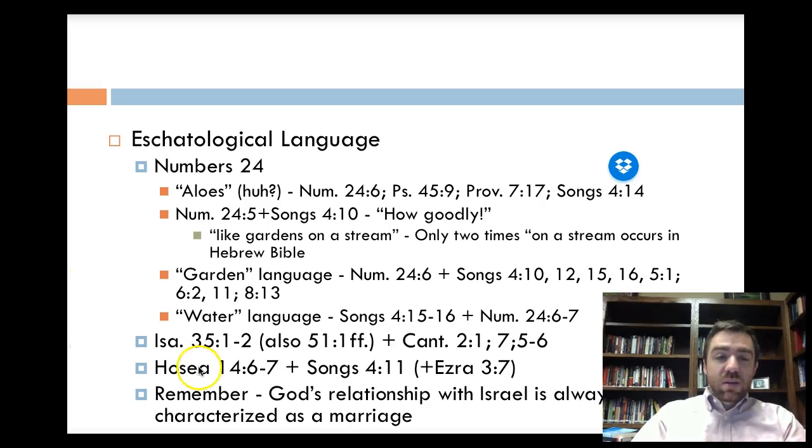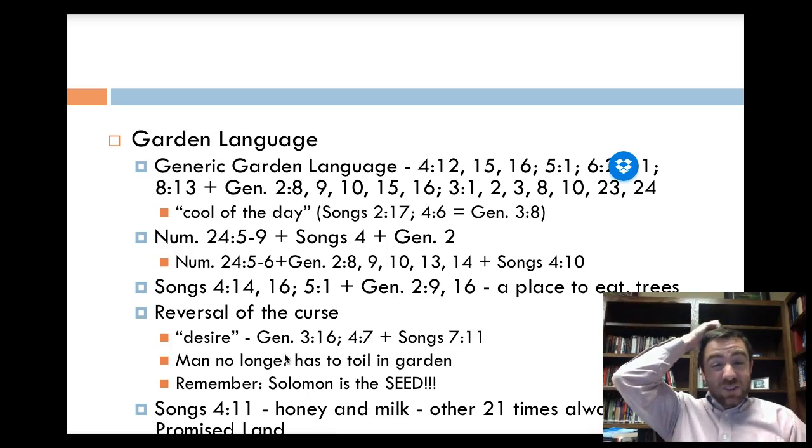Same thing with Isaiah 35, same thing with Hosea 14. These are quoted in Song of Solomon. And think about this, that Israel's relationship with God is characterized as a marriage. And in Revelation 21 and 22, Christ the King comes back with his bride in the garden temple. I mean, all of this stuff, I just can't believe that we just think this is the Kama Sutra.